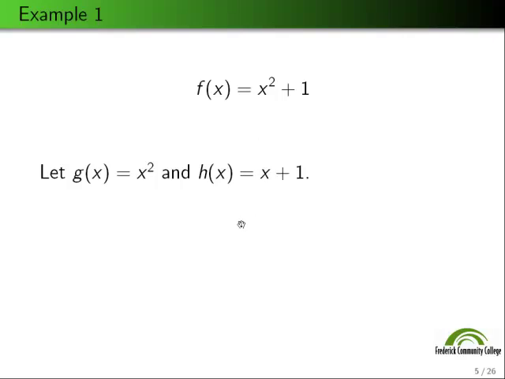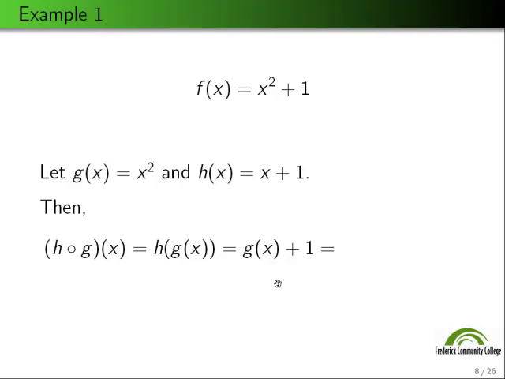So let's do the composition to check it. Then h composed with g of x, so I need to plug g into h. So h composed with g of x is h of g of x. H says whatever's inside of me, take that thing and add 1. So it's going to be g of x plus 1.